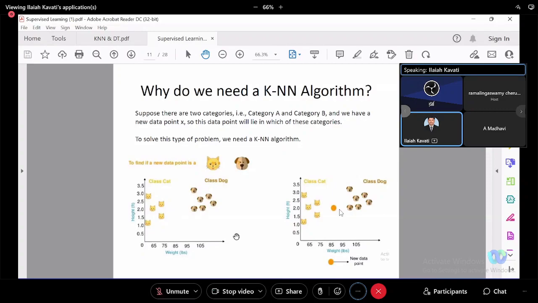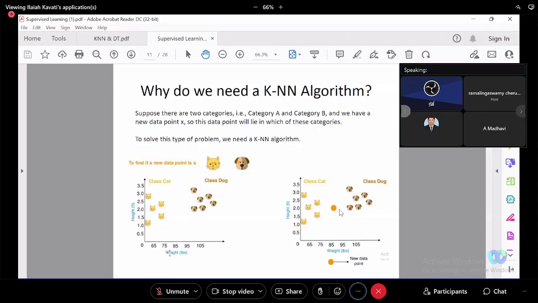Suppose in a two-dimensional space, we plotted a few objects, like some cats and dogs. Based on their features, their weight and height, they are plotted on the two-dimensional space. Not only two-dimensional, we can use n-dimensional, but for simple understanding I have taken this two-dimensional space and considered only two features: weight and height of the objects.